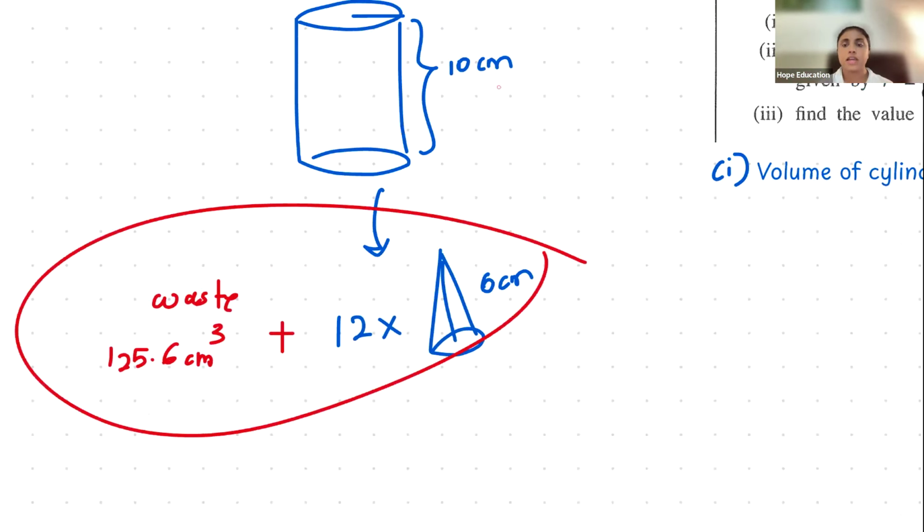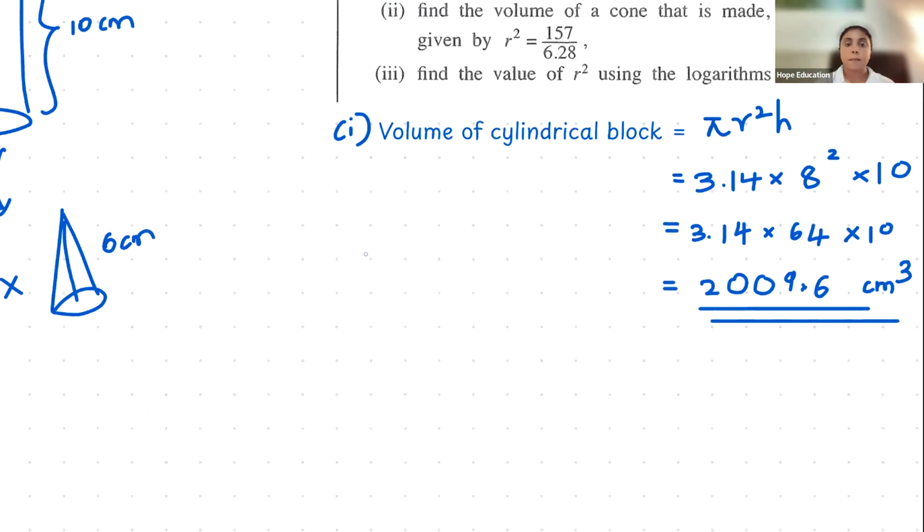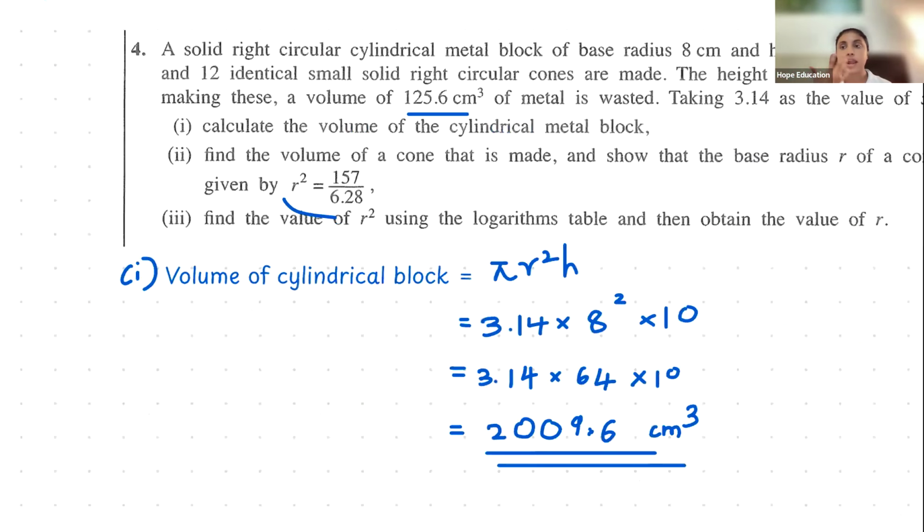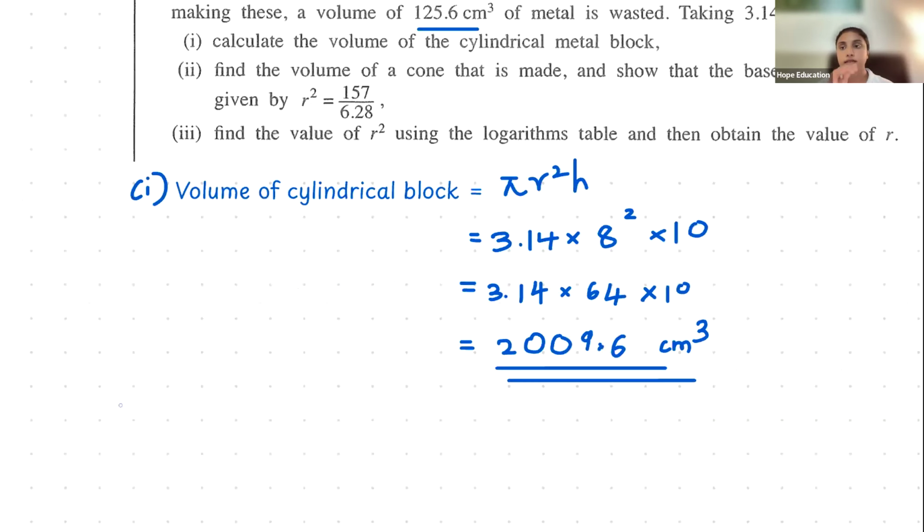Okay. Keeping that in mind, we are asked to show this expression, but we don't have much of an idea how to get to it. So let's first do what we know, what we can figure out. So we know there are 12 cones.